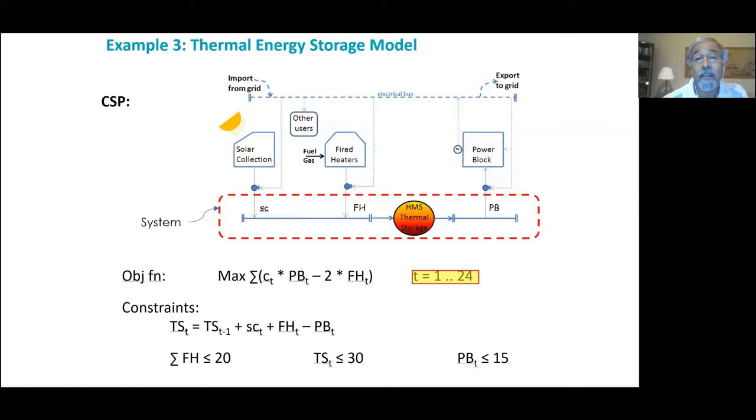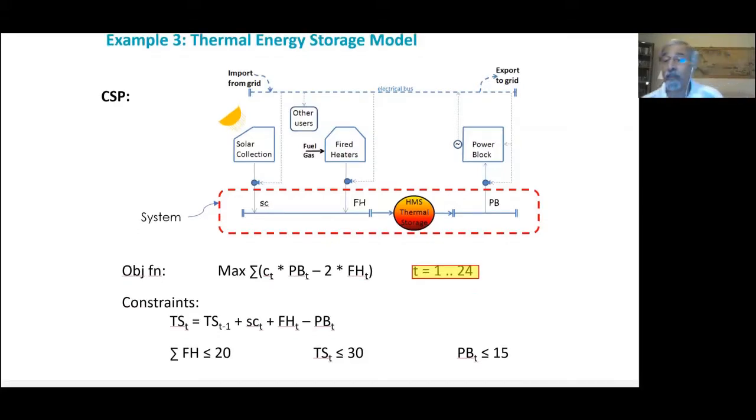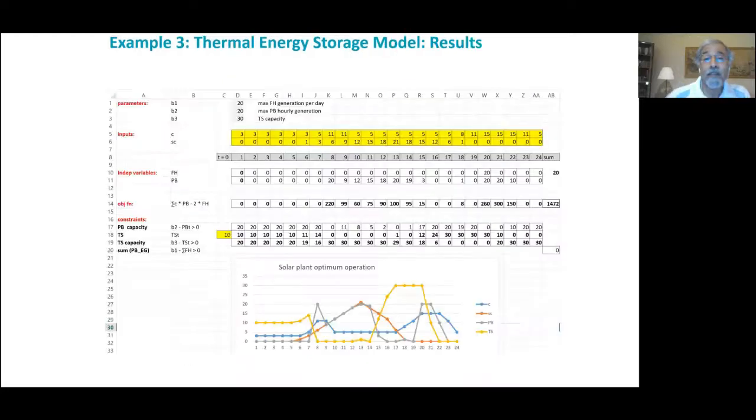Okay, and so this is a subsystem, but the solution I'm going to show you for the CSP looks somewhat like this. Just focusing still on this thermal storage. In the red is the solar power. So this particular day, this is the expected solar energy collection. And in the blue is the rate curve.